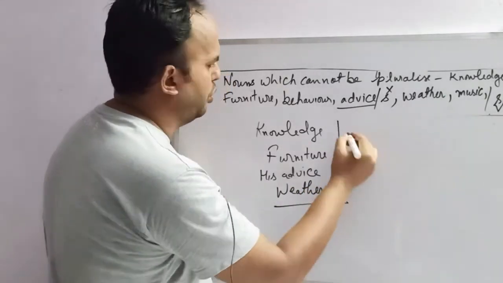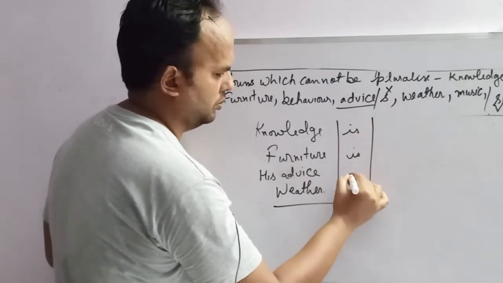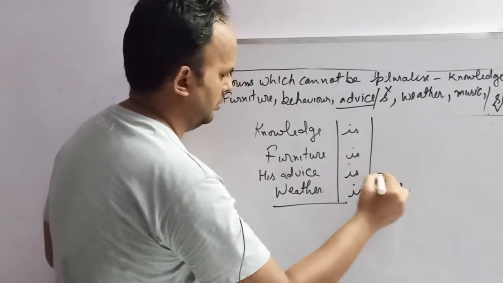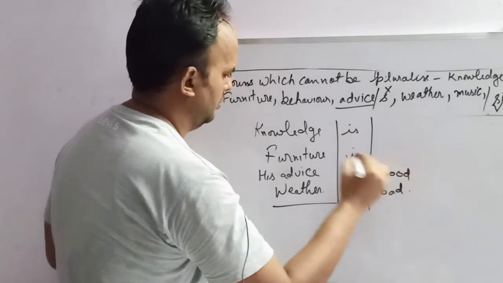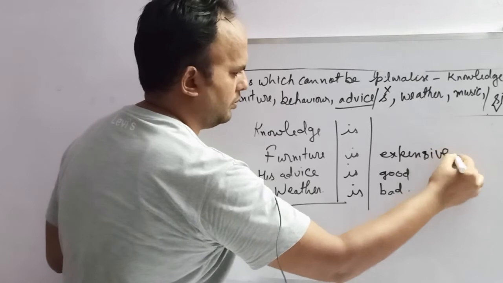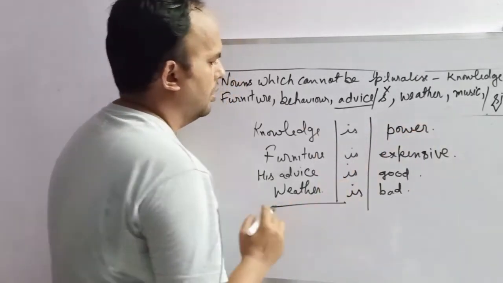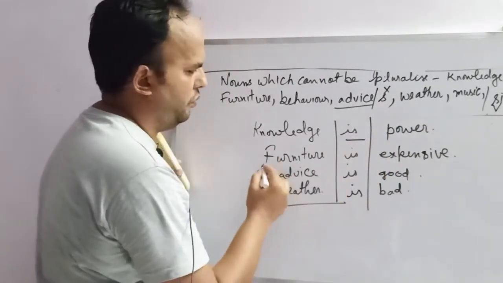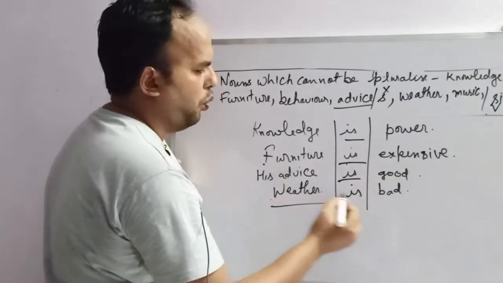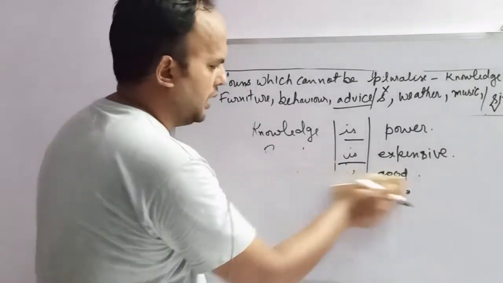I'm not going to use plural, I'm going to use a singular verb. Knowledge is power, singular. Furniture is expensive, singular. His advice is good, singular. Weather is bad, singular. So, we have studied till here.